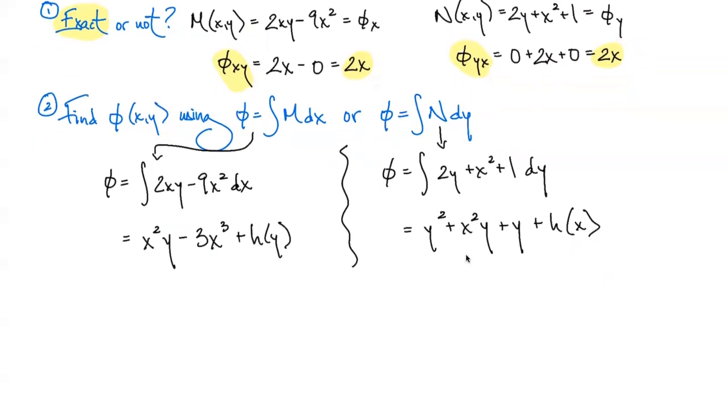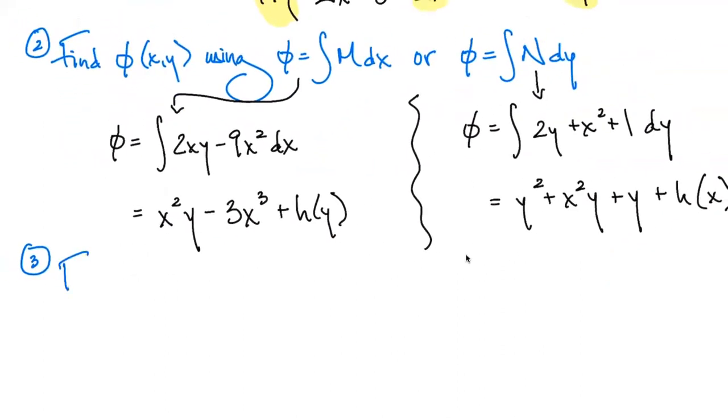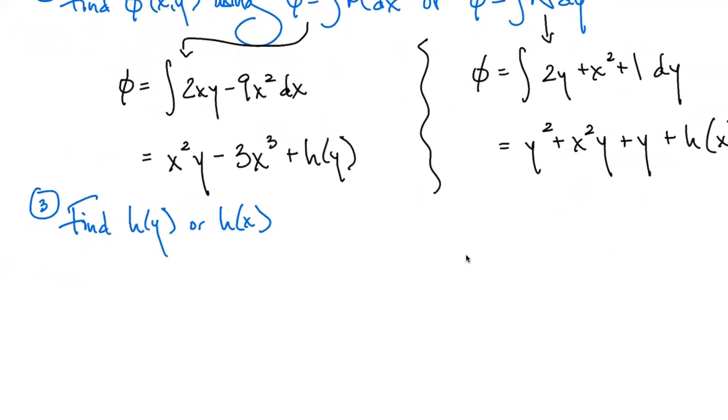All right, so once we find our phi, then we need to find h of y or h of x, depending on which way we solved it. And so our step 3 is going to be precisely that. We are going to find h of y or h of x, depending on which method we used. And again, I'm going to show you both this time.